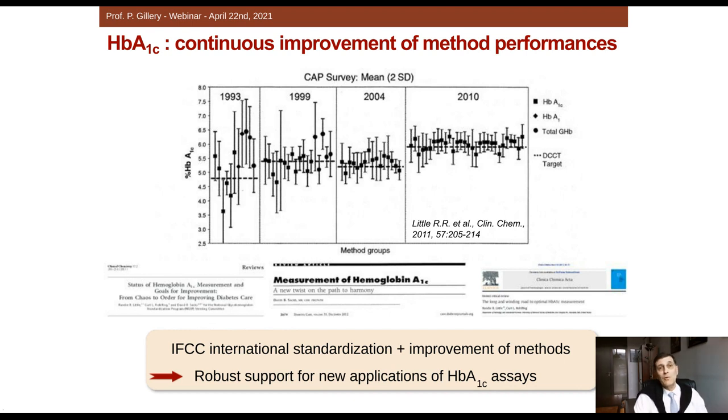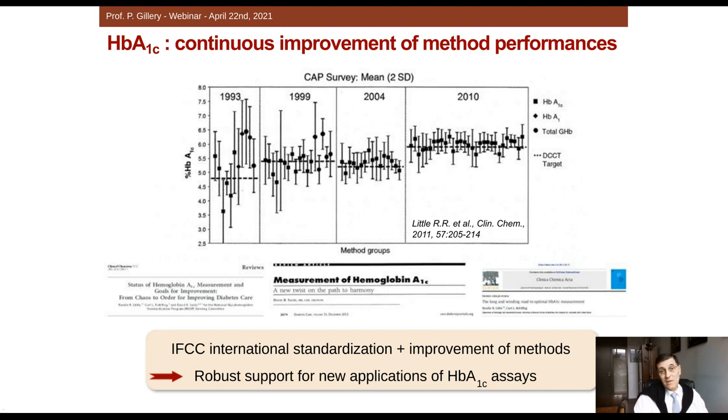However, what could be observed during all this period is a continuous improvement of method performances, as described in many papers. Some examples are here. And you can see on the slide, these are the results of the CAP survey in the United States, that with time, the results obtained by the different methods were more and more close to the target value, and that the imprecision of the method greatly decreased.